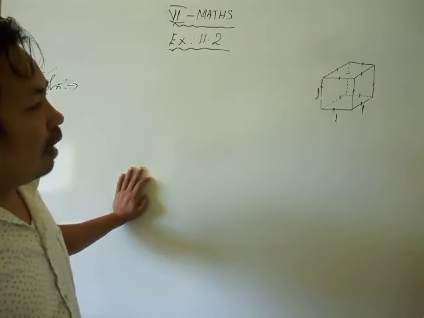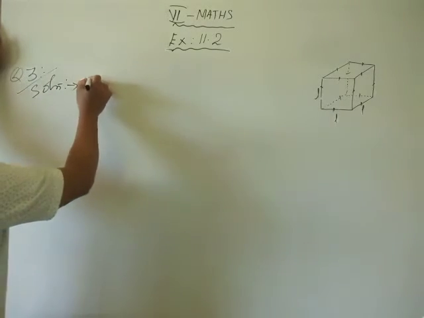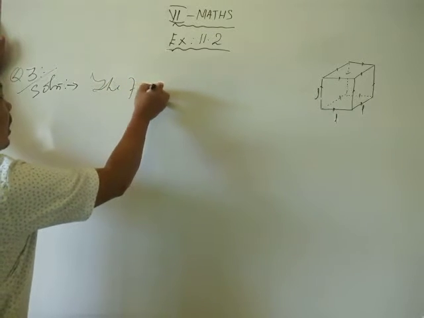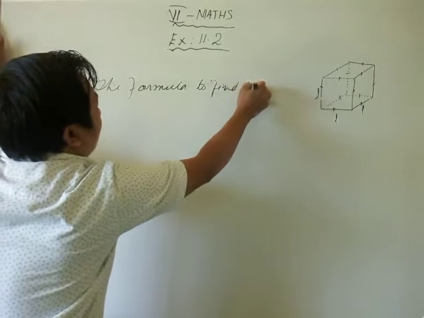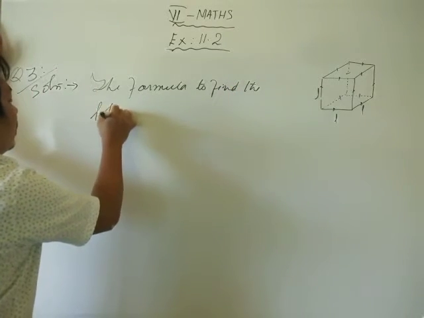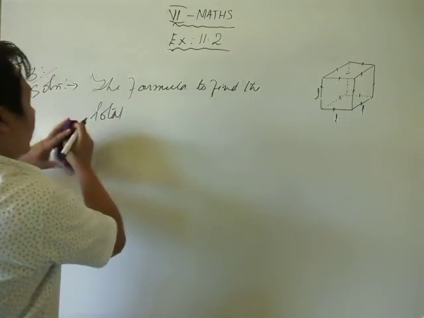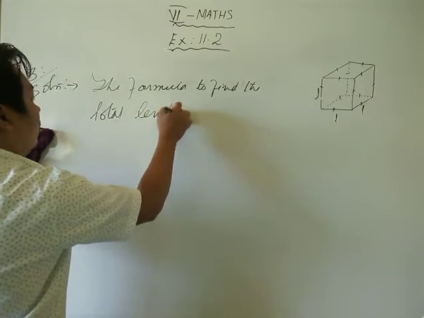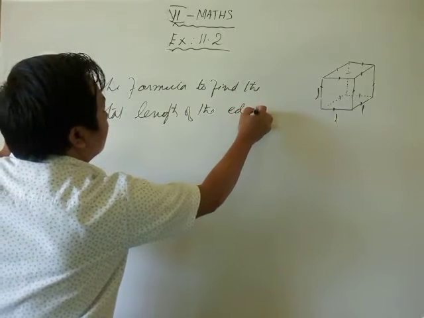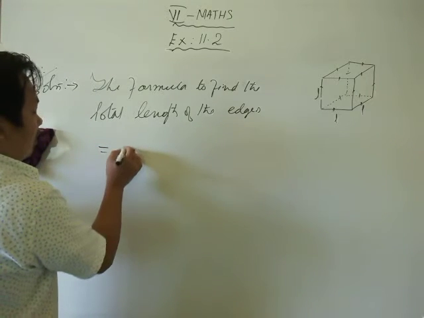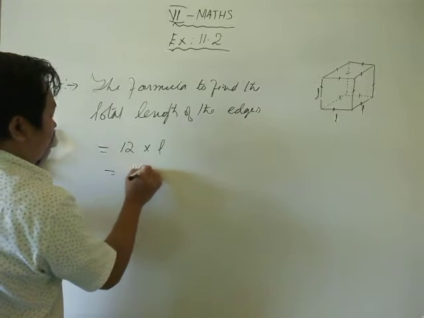So the formula to find the total length of the edge is equal to 12 into L. That means 12L.